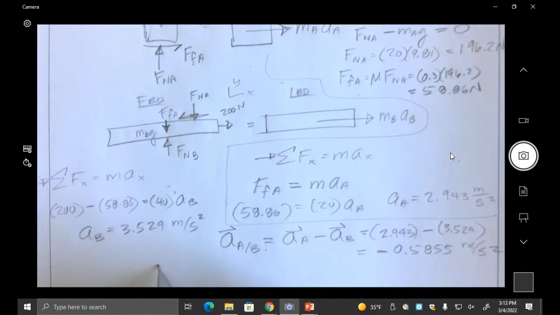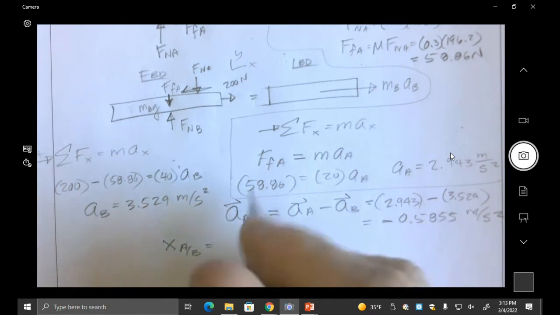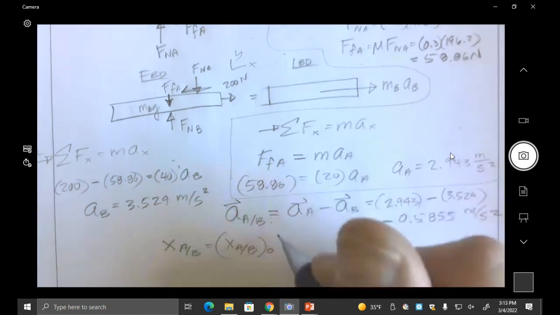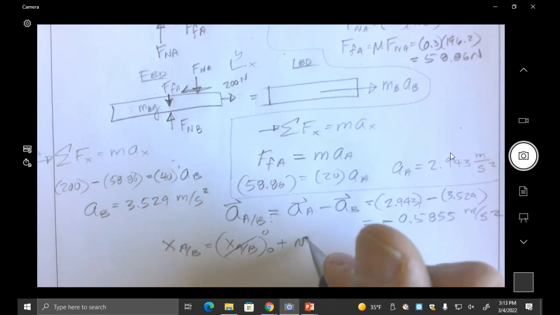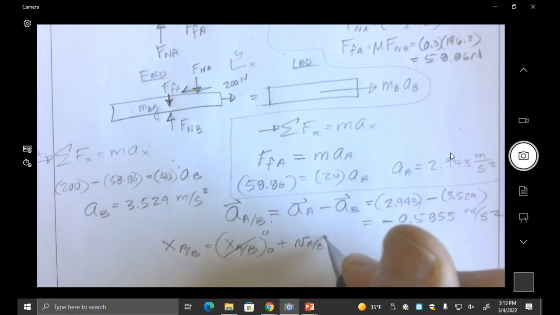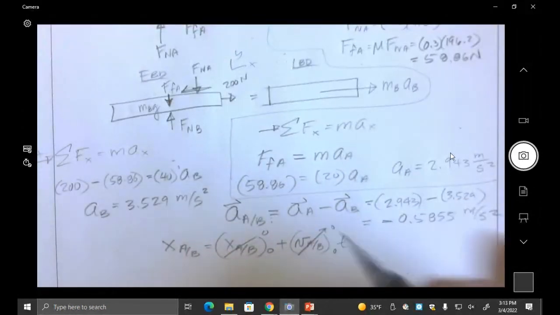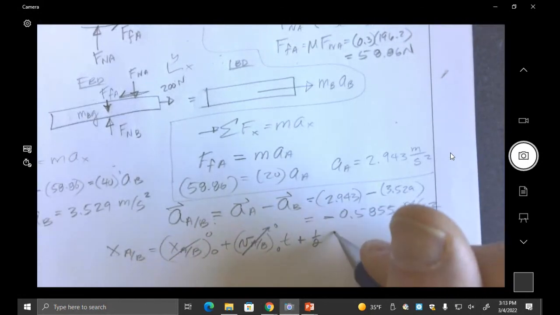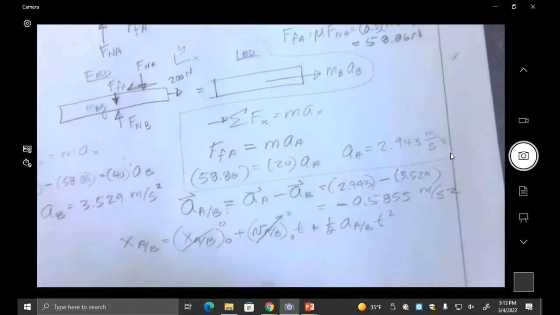What we would find is x of A with respect to B, we're going to do the delta, so it's 0 plus the initial velocity of A with respect to B times time, but it's starting from rest, plus 1/2 the acceleration of A with respect to B, which we know, times t squared.